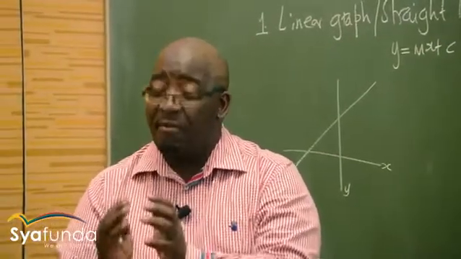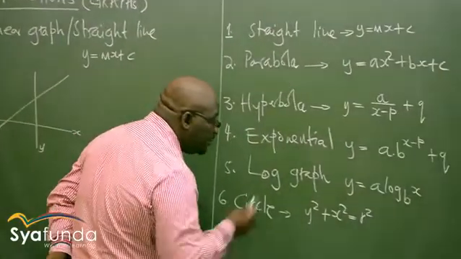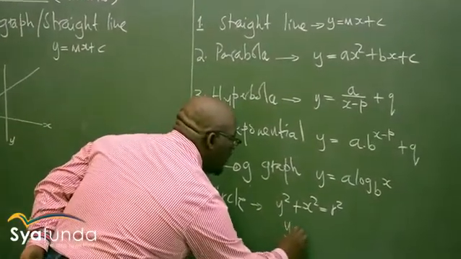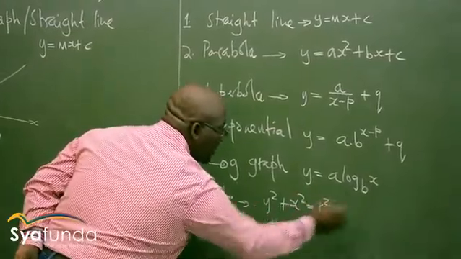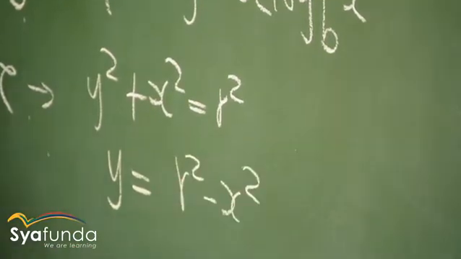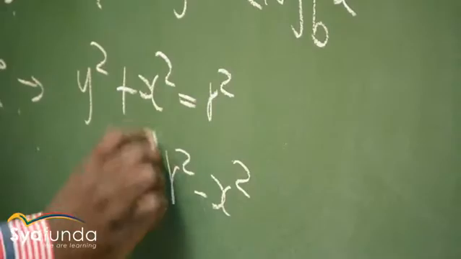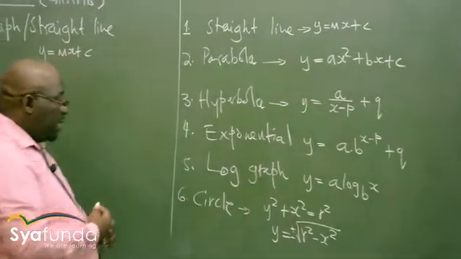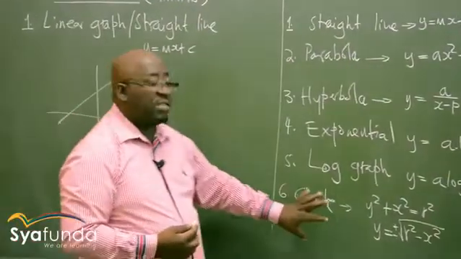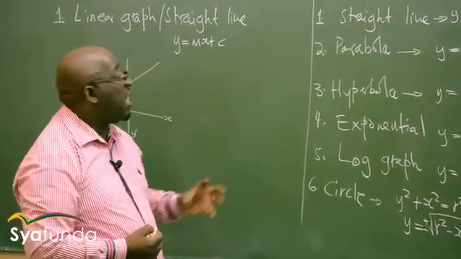When you talk of the graph, we are talking of the y. So how can we make y the subject here? This then will be y is equals to, you take this x squared this side, I will have r squared minus x squared. Remember that since I'm putting a square root to this side, it should be plus or minus the square root of that. Remember, as it is now, it is not a function, but it can be restricted such that it becomes a function.